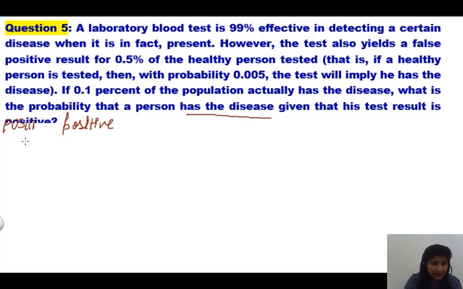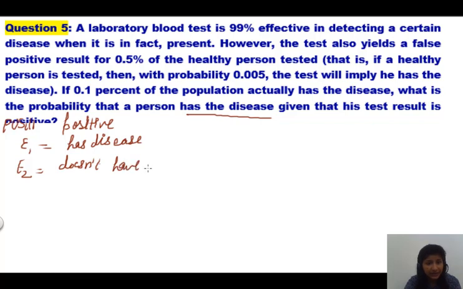So let us consider the events according to the question. The event E1 is that he actually has the disease. We'll consider event E2 that he does not have the disease, that means he is healthy.